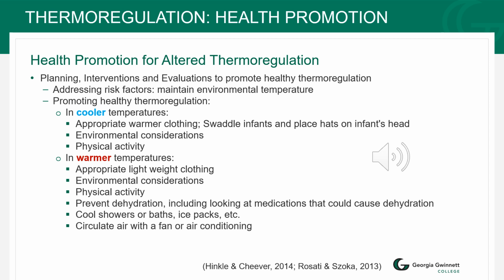It's to make sure that there are public health announcements about looking in the back seat of your car to make sure you don't leave an infant in extreme temperature in the vehicle. So you need to address the people at risk for altered thermoregulation. You need to try to maintain appropriate environmental temperatures and promote healthy thermoregulation.